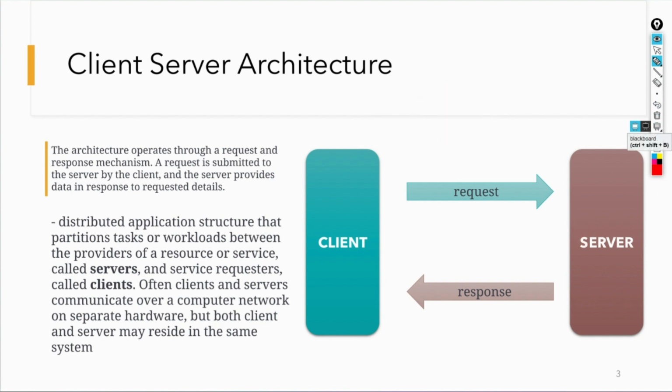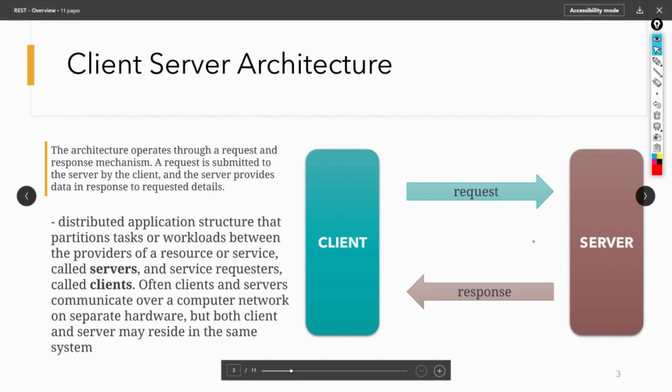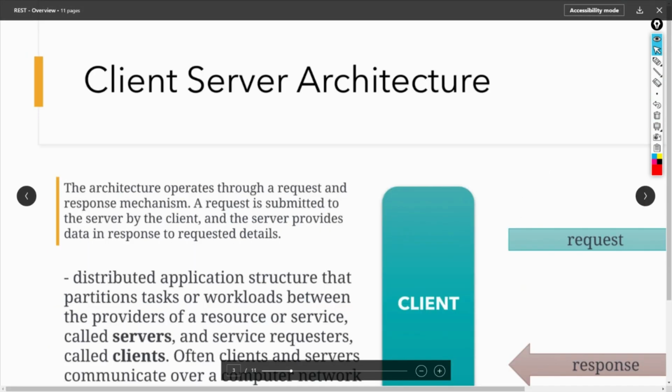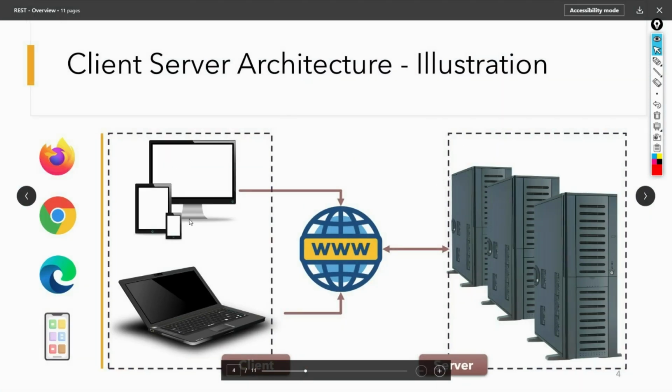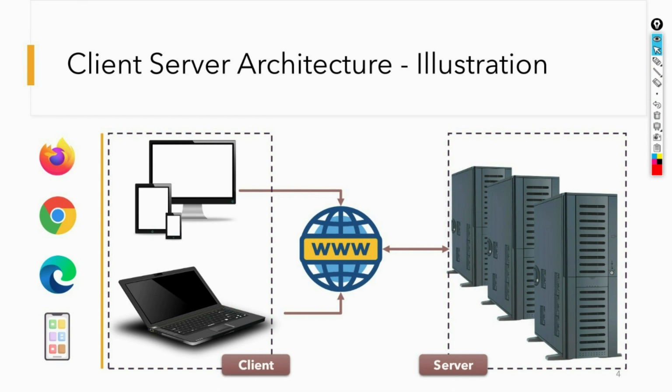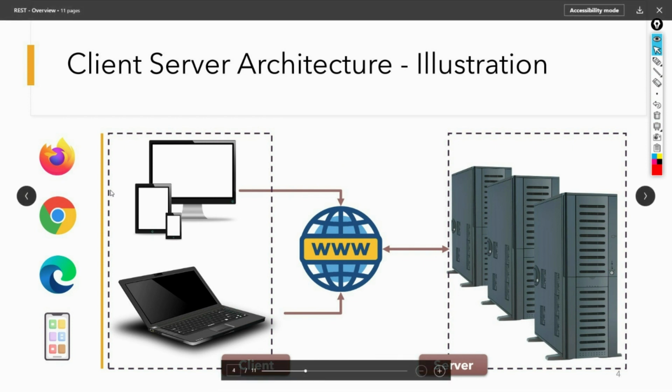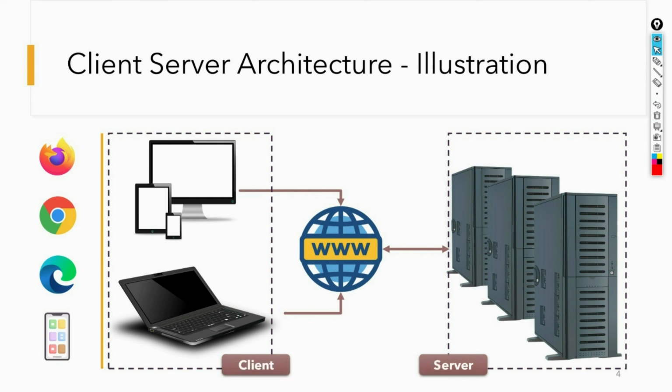Moving on. This is an illustration of the client-server architecture again, where the client can be any web browser or a mobile phone based application, and with the internet they are connected to servers, which are either on AWS, on-prem, or on cloud, depending upon where it is.